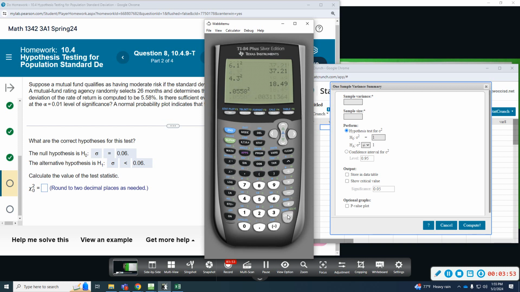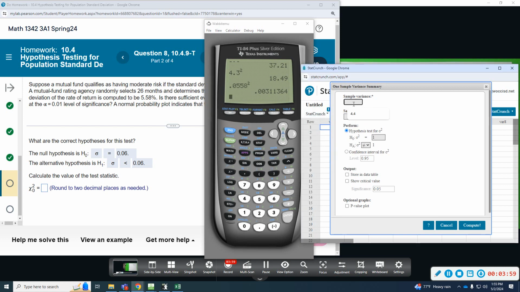Square it. We get 0.003111364. We don't want to round until the end. Sample size 26. We're going to find the population variance, so the 0.06, square that number, we get 0.0036.